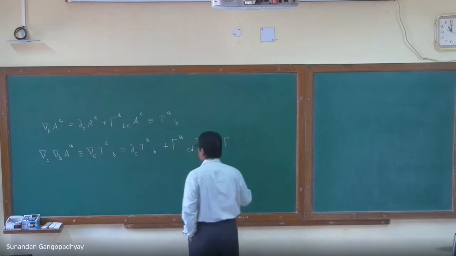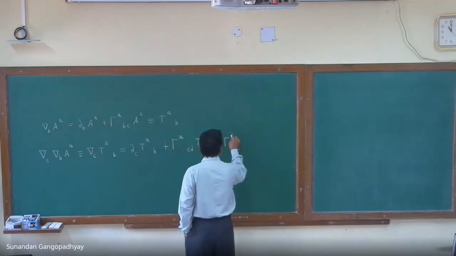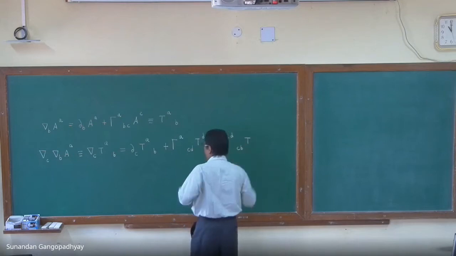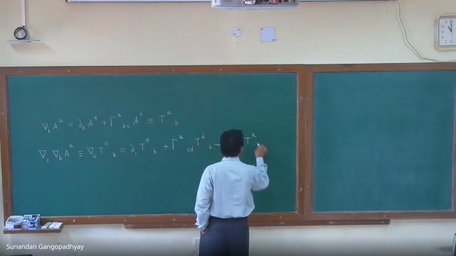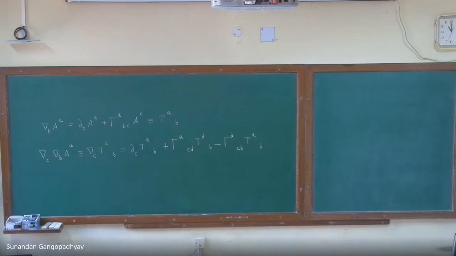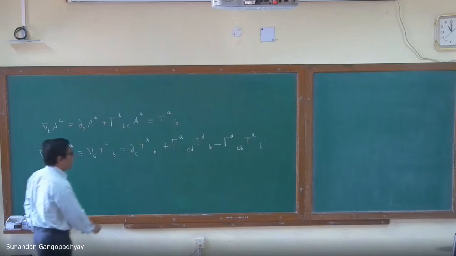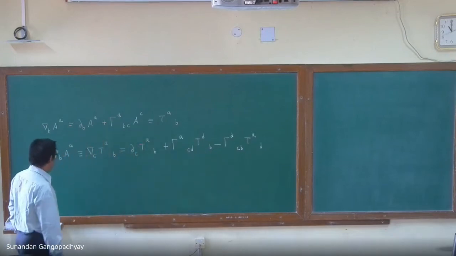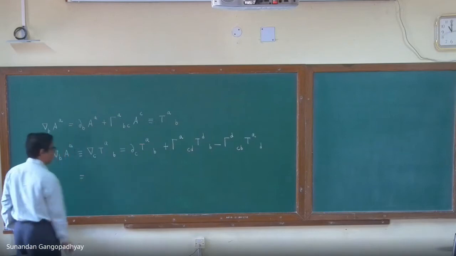Gamma will be in there, C, B, A. Please check whether you understand this or not. By now you should be comfortable with writing covariant derivatives of any mixed tensor.